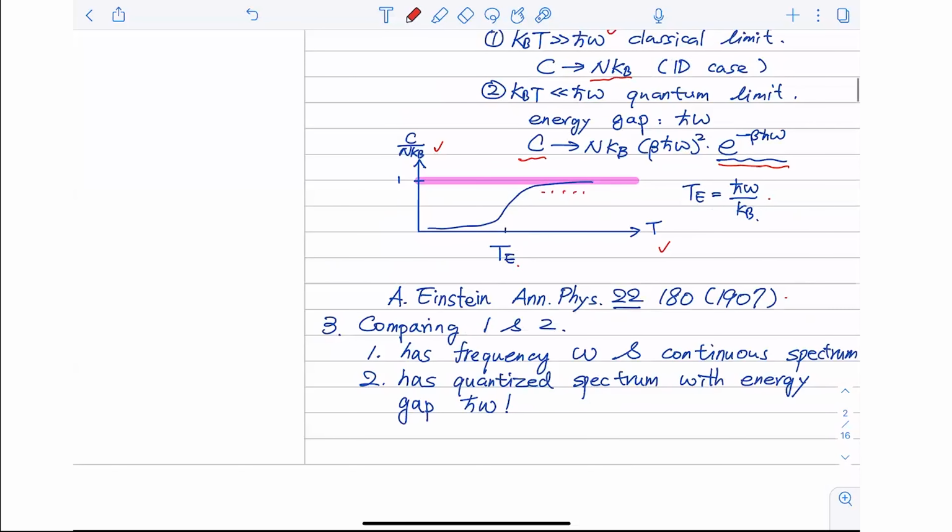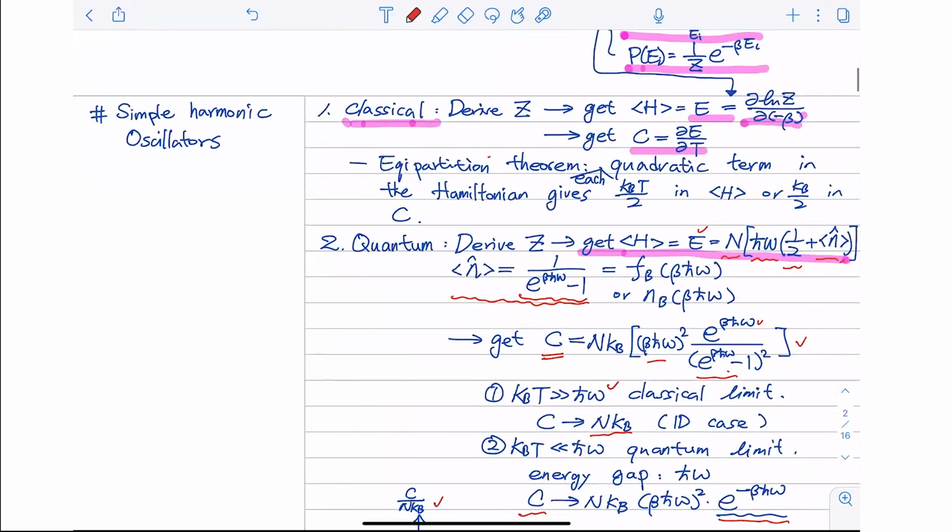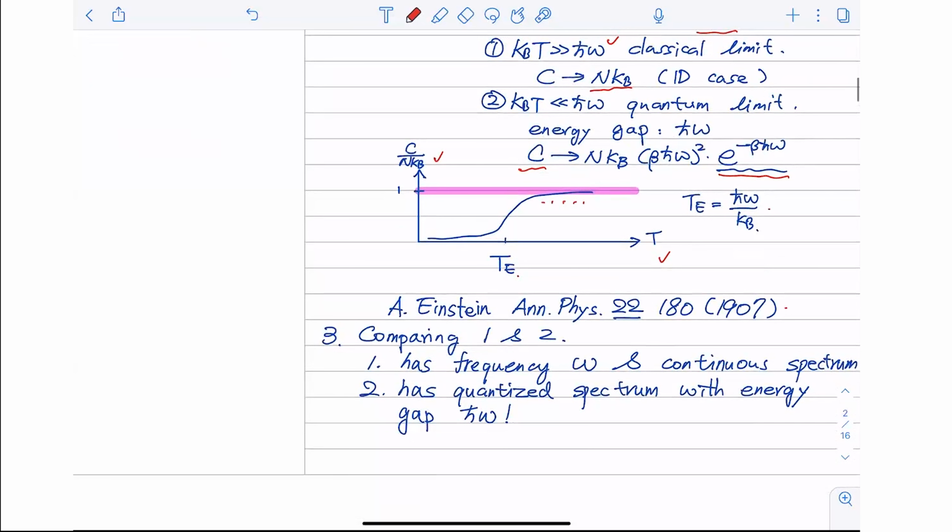Okay, so from the classical and the quantum oscillator, we can make a simple comparison. The first thing is that we got the frequency from the classical system, and the classical system basically has a continuum spectrum because the energy is continuous in the classical system.